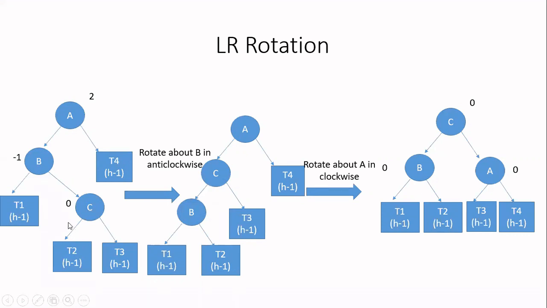Therefore, whatever was connected to the left subtree of C before should not be connected to C. Now this T3 is the right subtree of C. It will be connected as such, but this T2, which is the left subtree of C, cannot be connected to C now because B is connected as the left subtree of C.